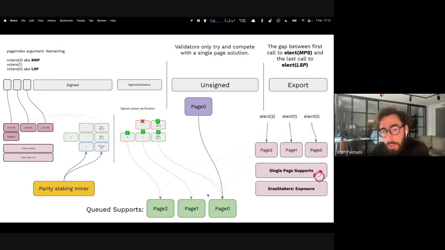And then at some point, a call to elect with some page index comes to the election pallet, where we start the export process of this multi-page solution to staking.